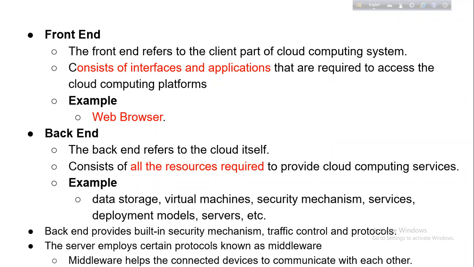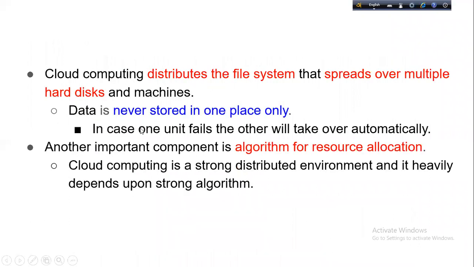The back end provides inbuilt security mechanisms, traffic controls, and protocols. The server employs certain protocols known as middleware, which help the connected devices to communicate with each other. So cloud computing uses a distributed file system that spreads over multiple hard disks and machines.